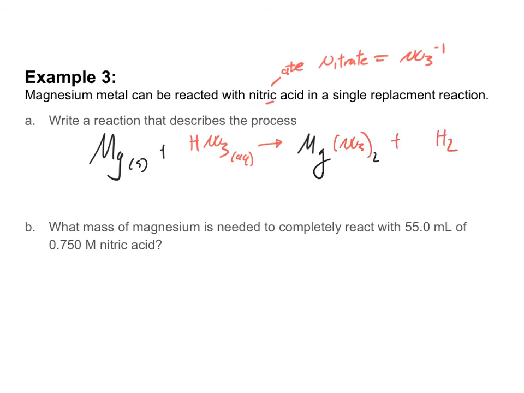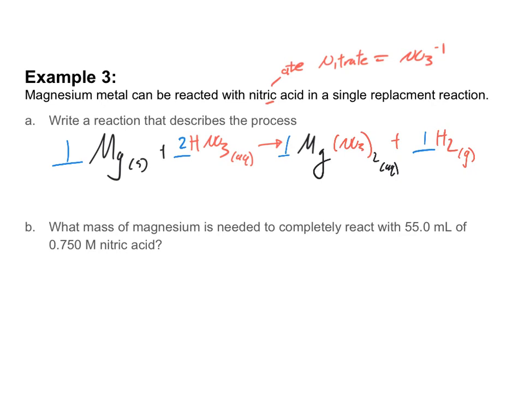Well, if hydrogen is a gas, I have to put that there, and then this is going to most likely be aqueous because that's how these work. So now I need to go ahead and balance this reaction. My magnesiums are balanced. I need to put a coefficient of 2 here. That gives me 2 nitrates and 2 hydrogens, and it looks like everybody's balanced after that.